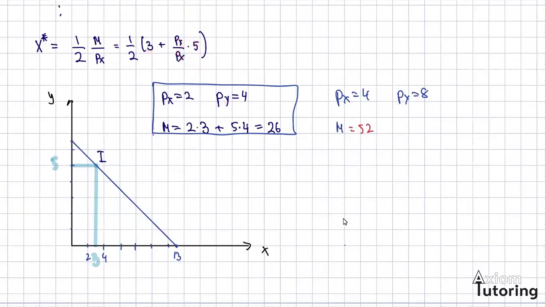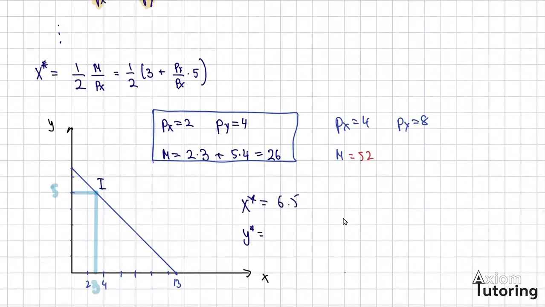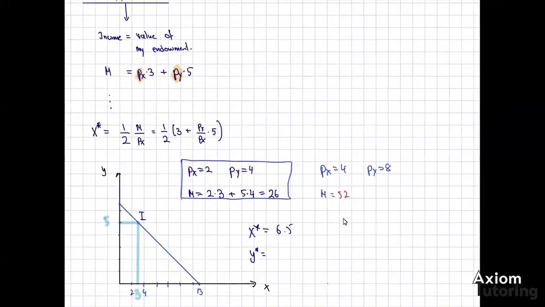Okay, so I could say that if this is the set of prices, my X star is going to be 6.5. And then my Y star, I'm still going to spend half of my income on Y. So my Y star would be a half of 26 divided by 4. So that would be 13 divided by 4.